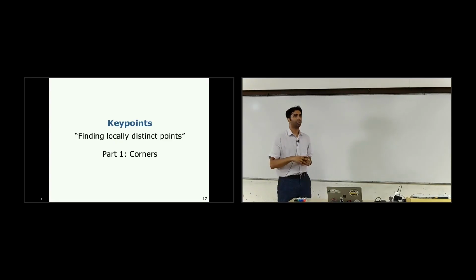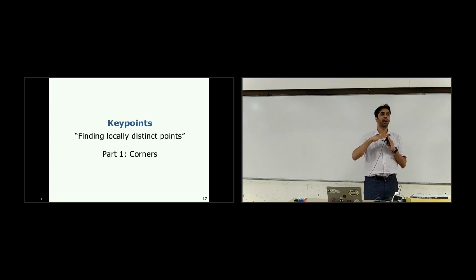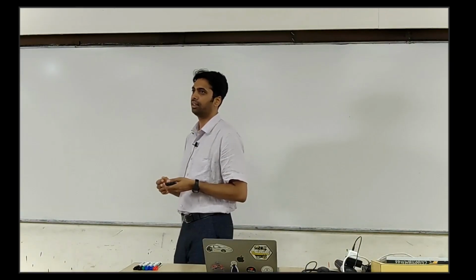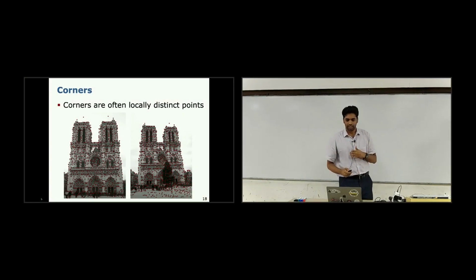Corners are interesting from an image processing point of view because you have an area where there's a sharp change in image content from multiple directions, so at least two directions. If it's a corner like a rectangle like this, the image changes a lot both vertically and horizontally. Those are areas that you can detect reliably. So these are often distinct points.